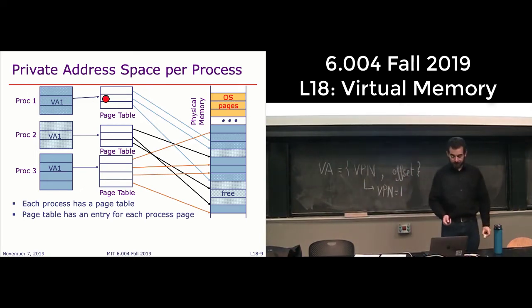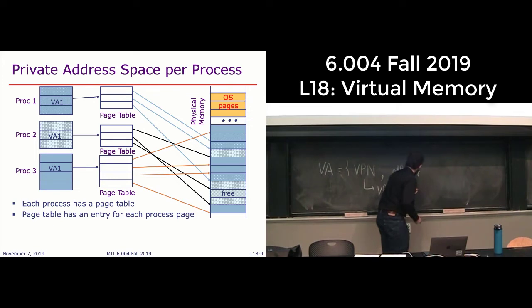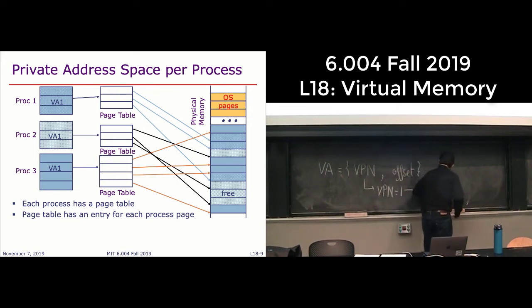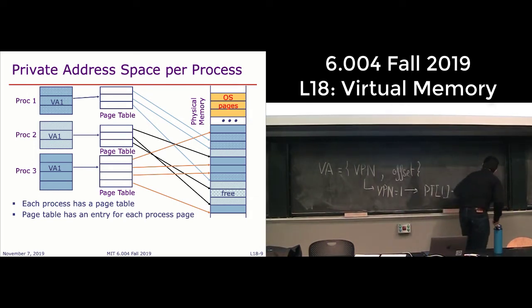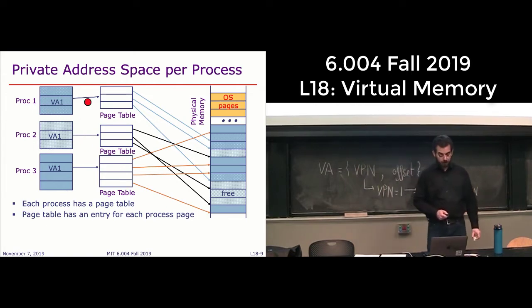So what we'll do is go to entry number 1 of the page table, and this will give us the physical page number. That is the index of the page in physical memory that holds the contents of this virtual page.